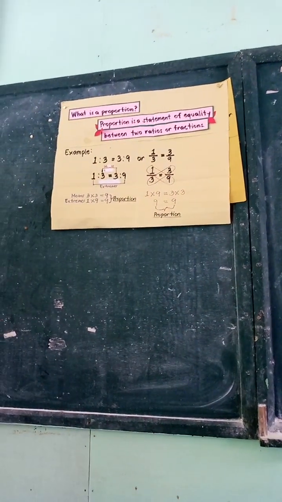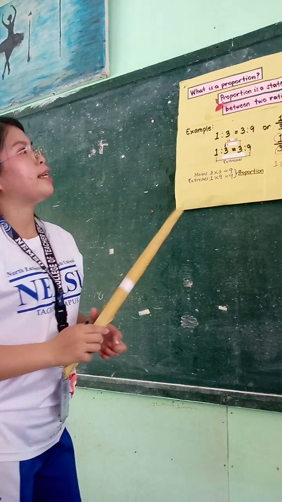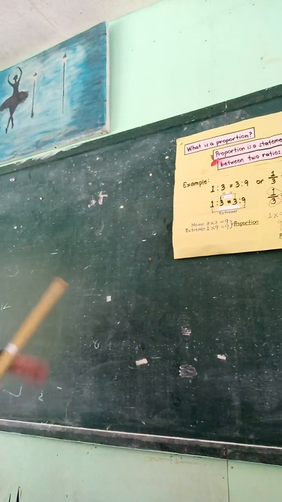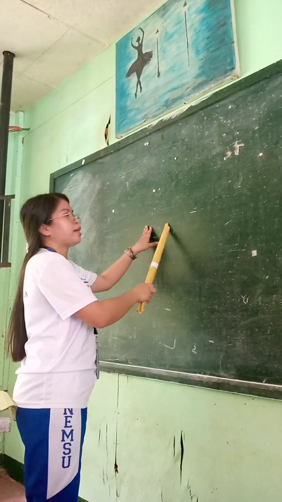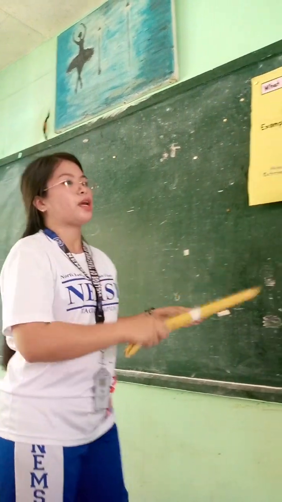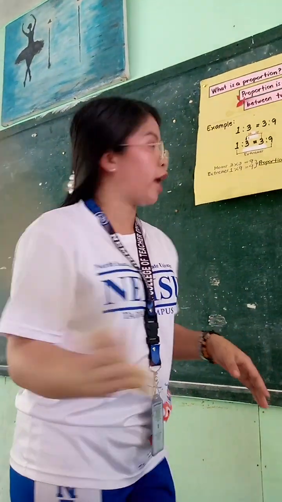So this means that a proportion is the equality between two ratios. So if the first ratio is equal to the second ratio, it is called proportion. So let us have here an example.